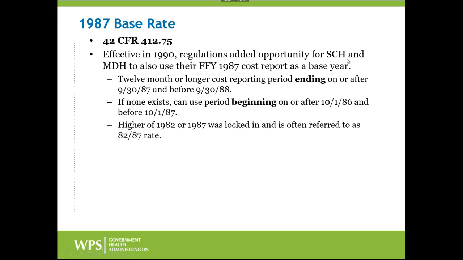So both SCH and MDH hospitals can now use the 1987 cost report as a base year if it was higher than that 1982 TAC report base year. Now keep in mind, 1987 is after PPS, so we don't have to worry about a TAC report anymore. Notice here that the definition of this year changed a little bit. CMS gave an alternative that could be used.